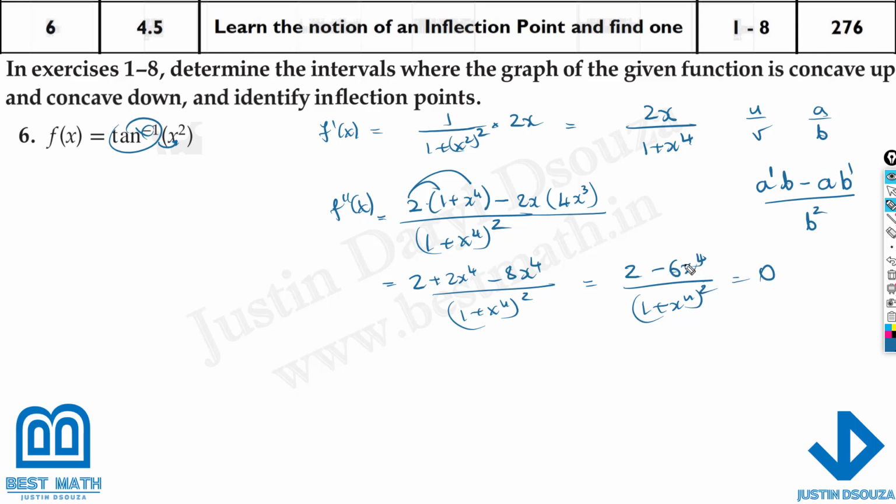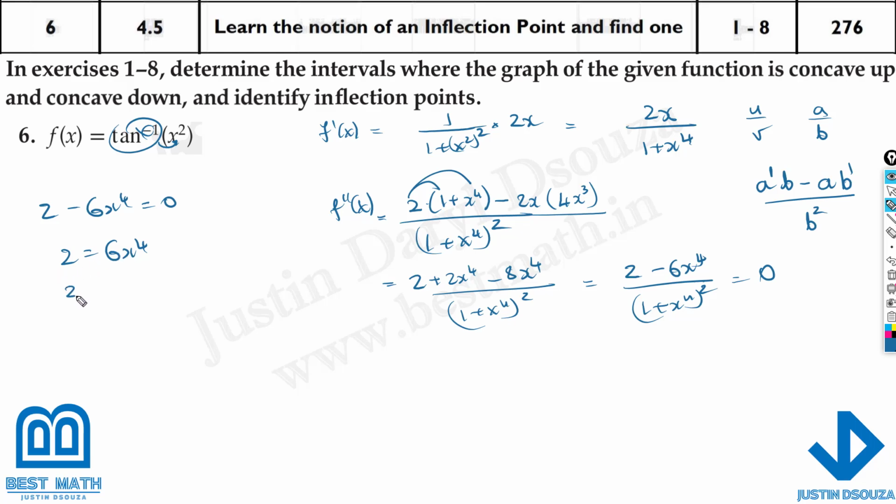So now what we do is we have to equate both the numerator and the denominator. The denominator will give the asymptotes, wherever it's undefined. So let's solve both of them one by one. First I'm going to use the top one. It's going to be 2 minus 6x power 4 is equal to 0. Let's solve it. 2 is equal to 6x power 4. Now let's divide both the sides by 6.